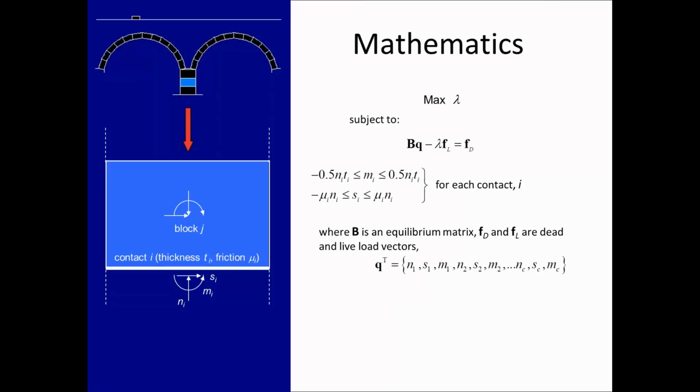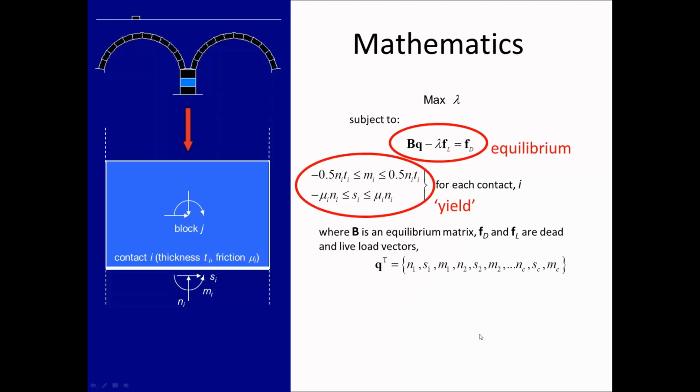Okay, so just bear with me for a second. Apologies, I've got a slide with equations on it, but really the main thing to think about is the concepts involved. What we're doing here is, for every block, such as a block in the pier of a multi-span arch, we're enforcing equilibrium requirements. So equilibrium in the X, Y and rotational sense.